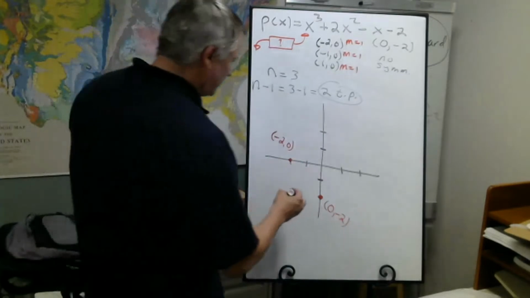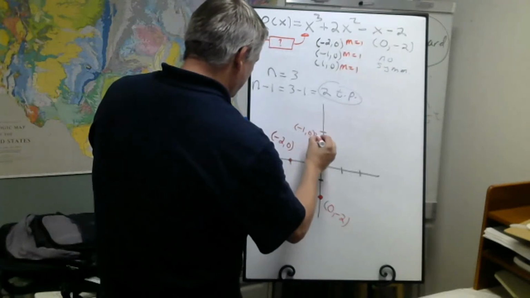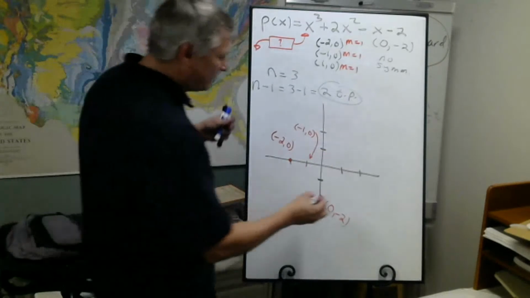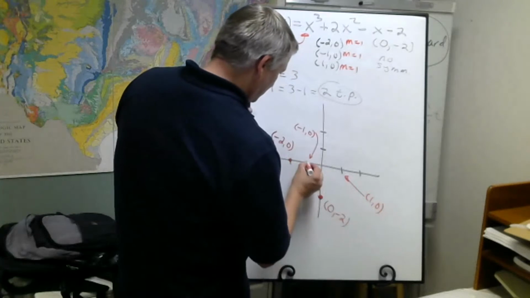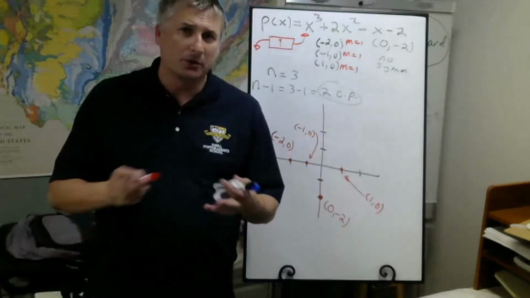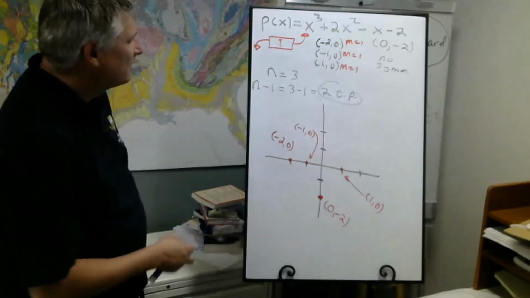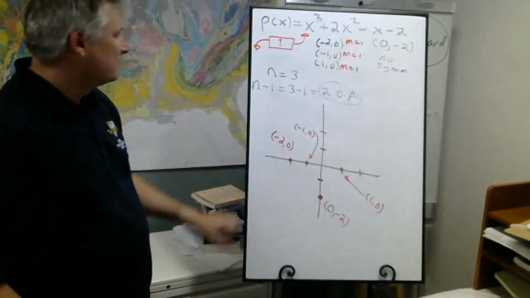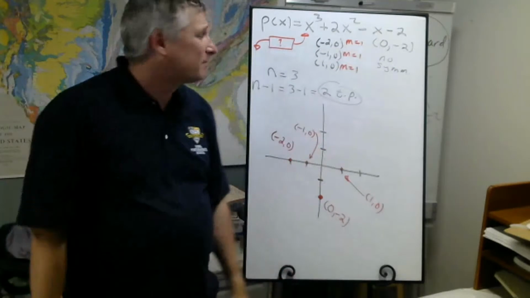We also have one at negative 1, 0. It gets kind of packed in here. And then we also have one at 1, 0. So let's get all of our intercepts first. We've got our y-intercept, and we have our 3 x-intercepts. There's no symmetry. There should be at most 2 turning points. We'll keep that in the back of our heads to make sure this is turning out okay.